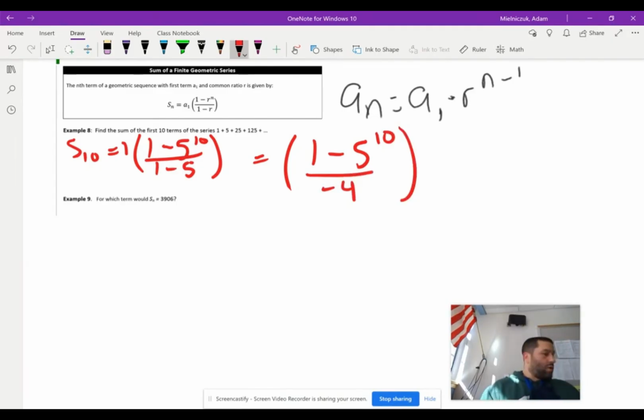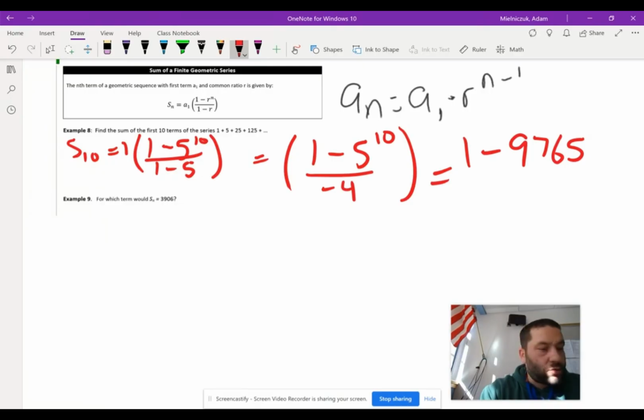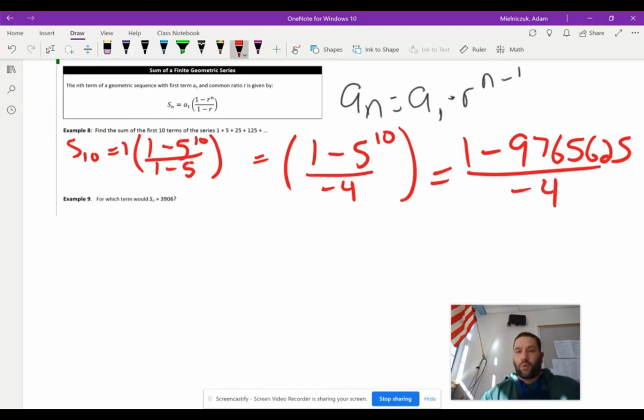Okay, so let me get out my calculator. What is 5 to the 10th power?